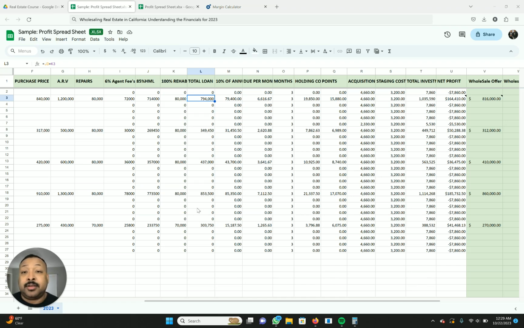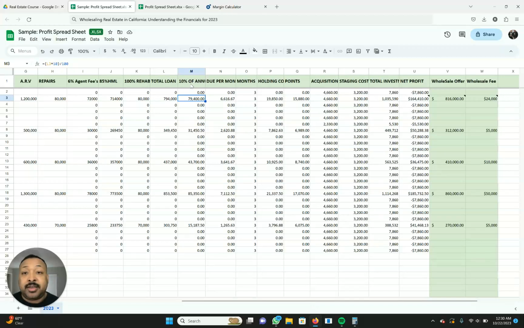Next tab is total loan. The total loan is pretty much the hard money loan plus the 100% rehab. So the total is $749,000. The reason we have this is for the next column, because most of these guys are going to be paying about 10% on this loan.